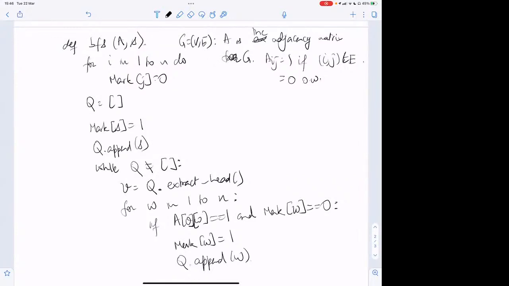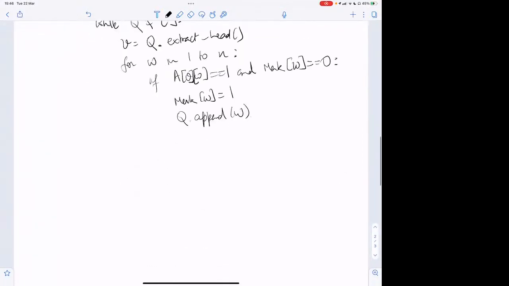Now we will add some bells and whistles to it. For example, we will see how to find connected components and distances and spanning trees and so on, correct? But even before all that, let's run over a simple example.